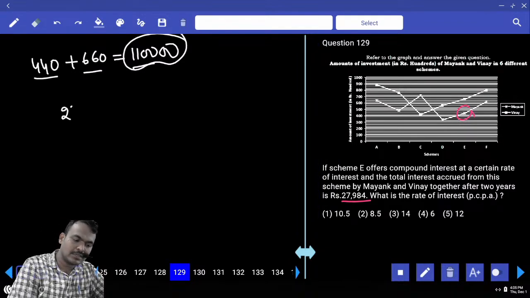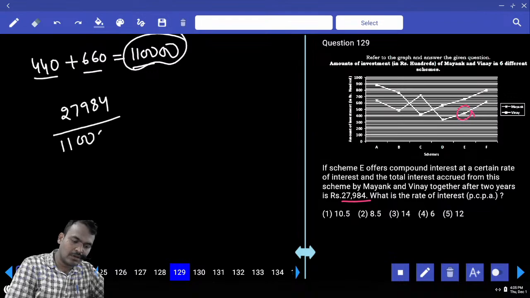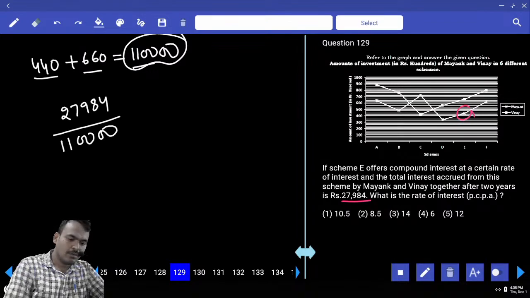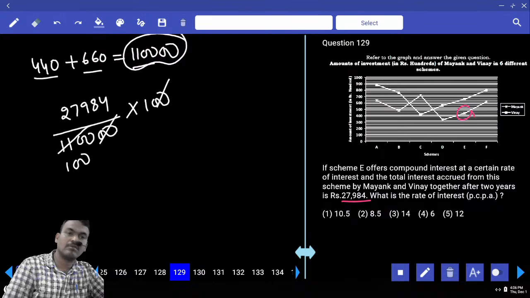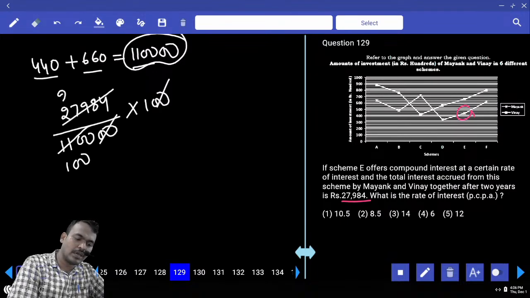Then we write 27,984 is what percent of 1,10,000? Multiplied by 100, we get the percentage. 2 zeros are cancelled. 11 how many times? 2 times.